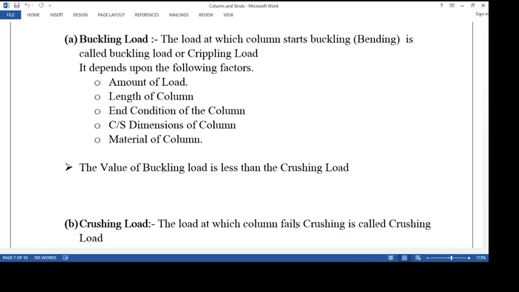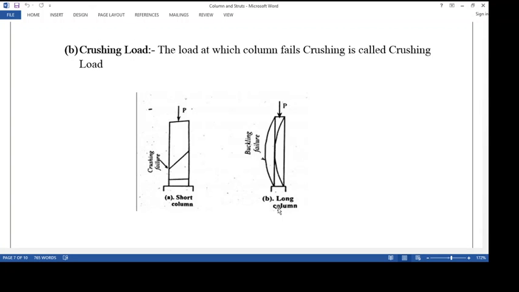One end fixed and one end free, both ends fixed, one end fixed and one end hinged, both ends hinged. These types of end conditions also depend upon the factors. And cross section dimensions of the column, it means square column, circular column, rectangular column, and materials of the column. Materials of column means what type of material you use for the construction of the column.